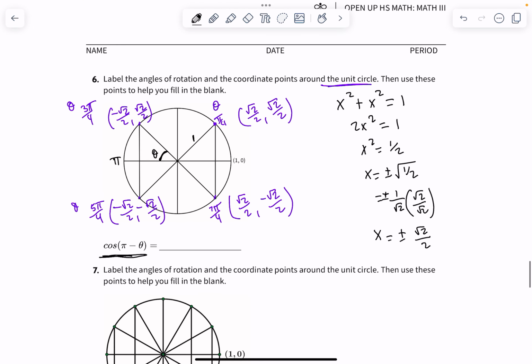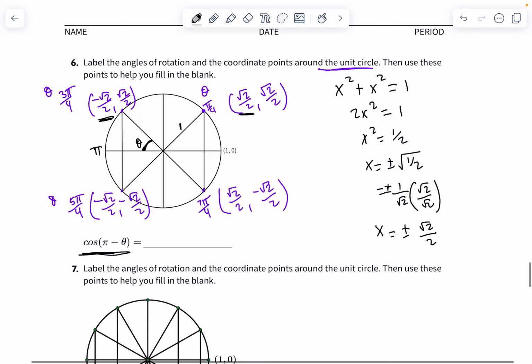If I'm at cosine of pi minus theta, let's call this theta. What is my cosine here? Okay, it's going to be this value. But this value is equivalent to what? The negative of this. So then this is equal to negative cosine of just what? Of theta. Okay?